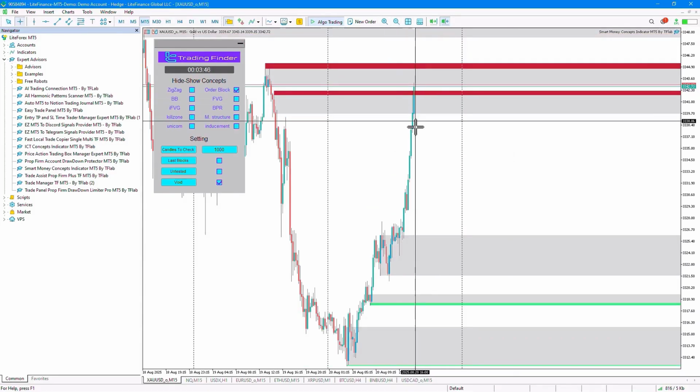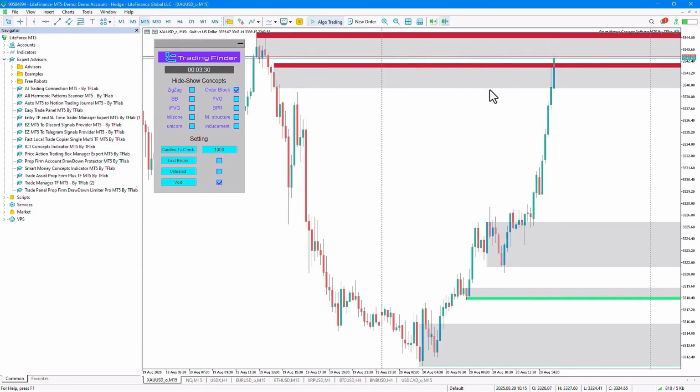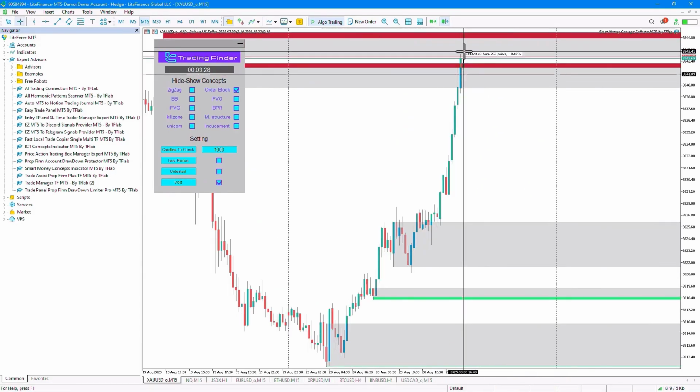At this point as well, we can see that the price has moved upward. The amount consumed is calculated and displayed for us at the time the candle closes. Currently, based on the last candle, which is our previous candle, up to this point, the bearish order block has been consumed.